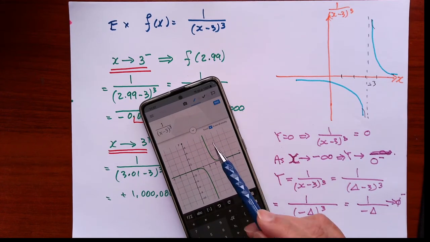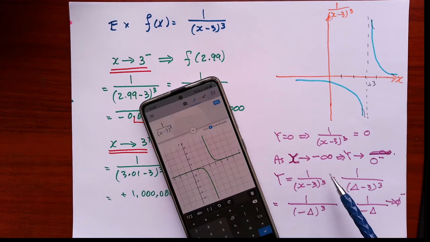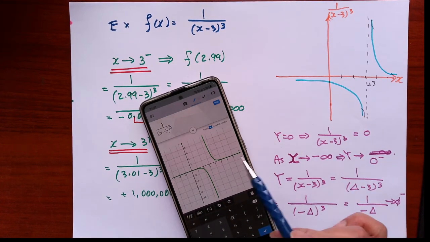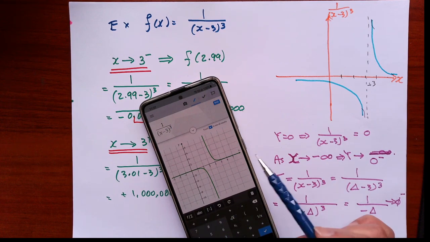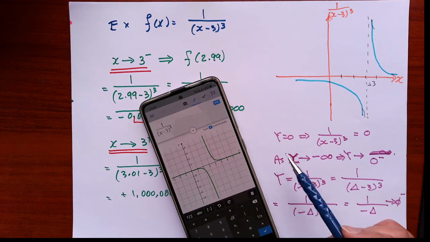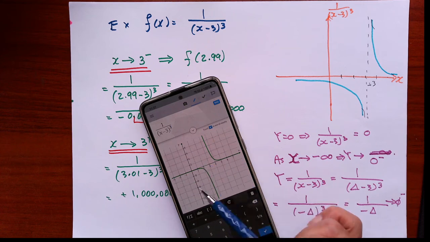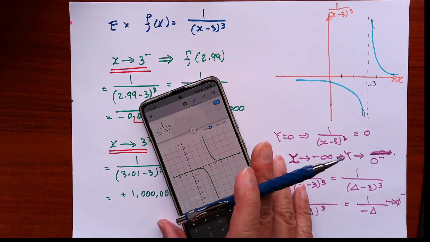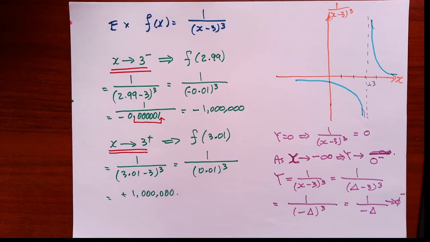It's okay to use your calculator to confirm your analysis after you've done the analysis. Don't do it before, because then you wouldn't be able to do the analysis properly, because you would already know the answer. It's better to work it out and then have a look to confirm your answer. And what we got is an asymptote, same thing as the other two.